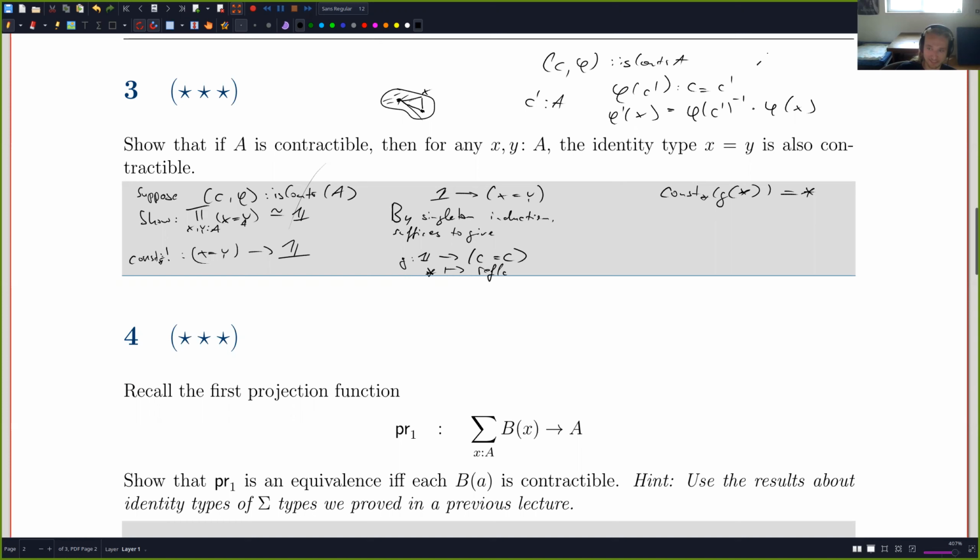We have: contractible A implies A is equivalent to this, and by univalence this implies that A is equal to the unit type. So our type theory really can distinguish between those.